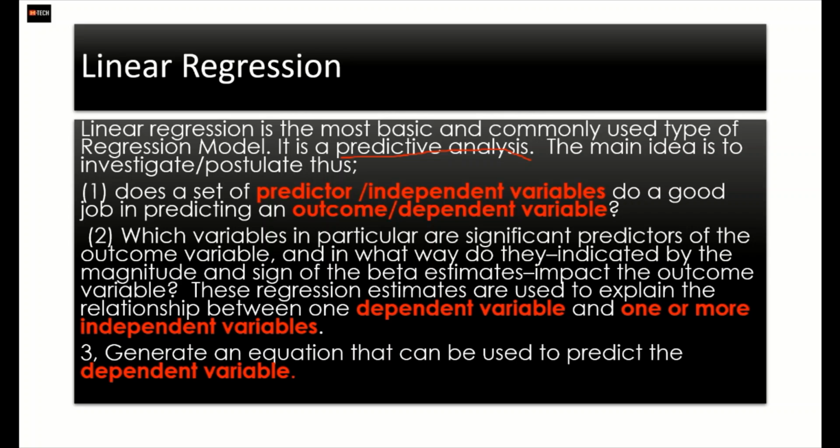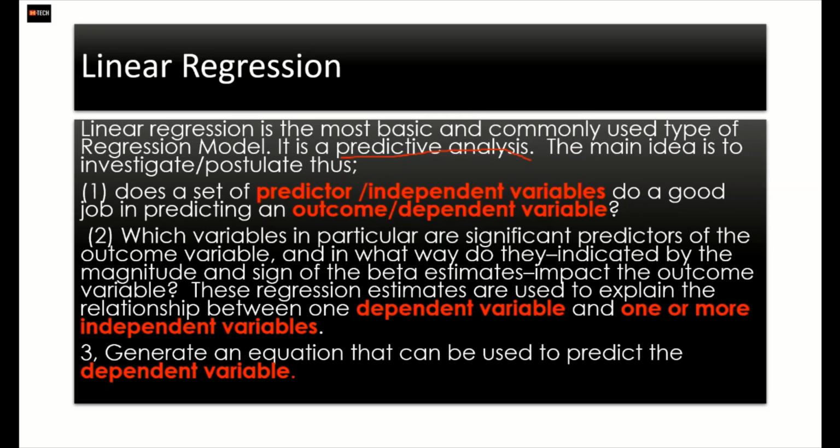Number two, which variables in particular are significant predictors of the outcome variable, and in what way do they impact the outcome variable, as indicated by the magnitude and sign of the beta estimate. These regression estimates are used to explain the relationship between one dependent variable and one or more independent variables.